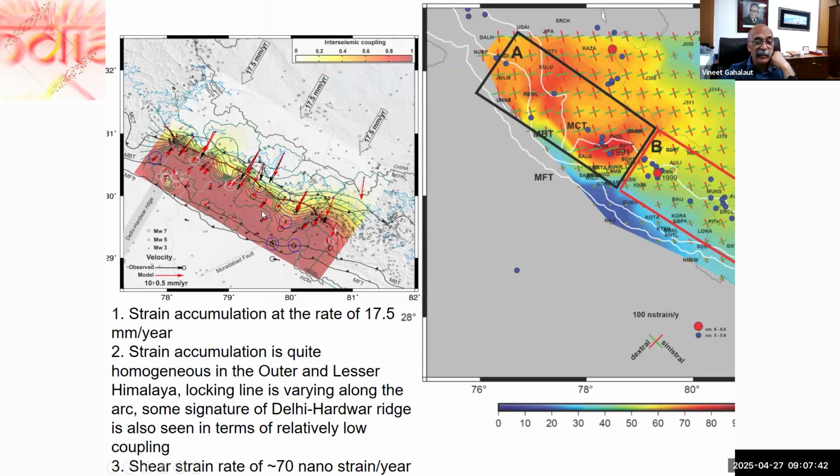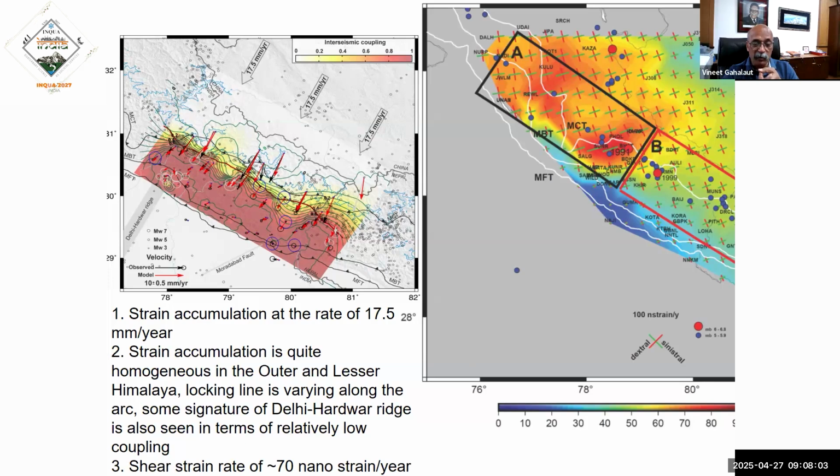You can convert this into strain also, and the amount of strain which you get is of the order of about 70 nanostrain per year. Now remember this number. So in the Himalayan region, you get strain of 70 nanostrain per year. So what do these measurements tell us?